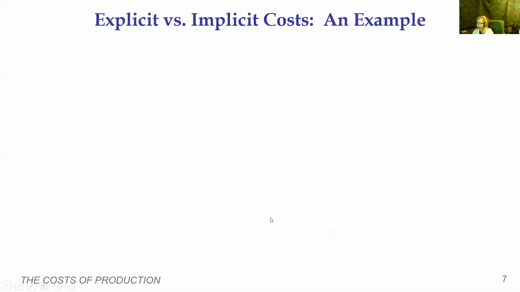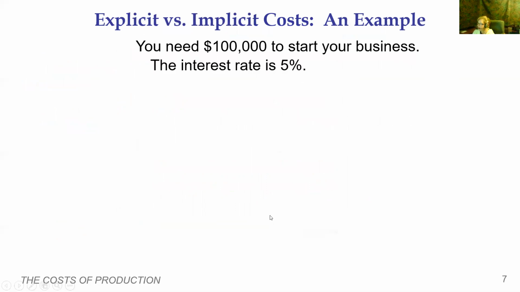Okay, so here's an example of explicit and implicit cost. Let's say that you need $100,000 to start your business and the interest rate is 5%. Well, in the first case, we're going to borrow $100,000. So we want to ask ourselves, what's the cost of that? Because we're borrowing the money, there is only an explicit cost.